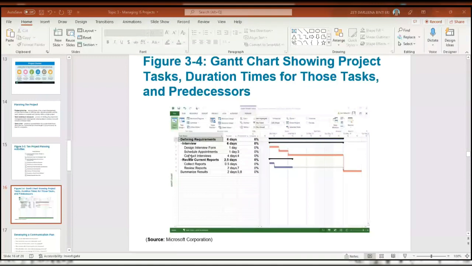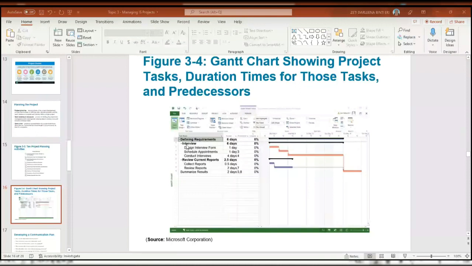Ini kita break down all the tasks, important tasks. So for example, here interview is one activity. In order to interview, you have another task. You have 3 tasks. Design interview form, schedule appointment, conduct interviews. So these are the tasks for interview activity.